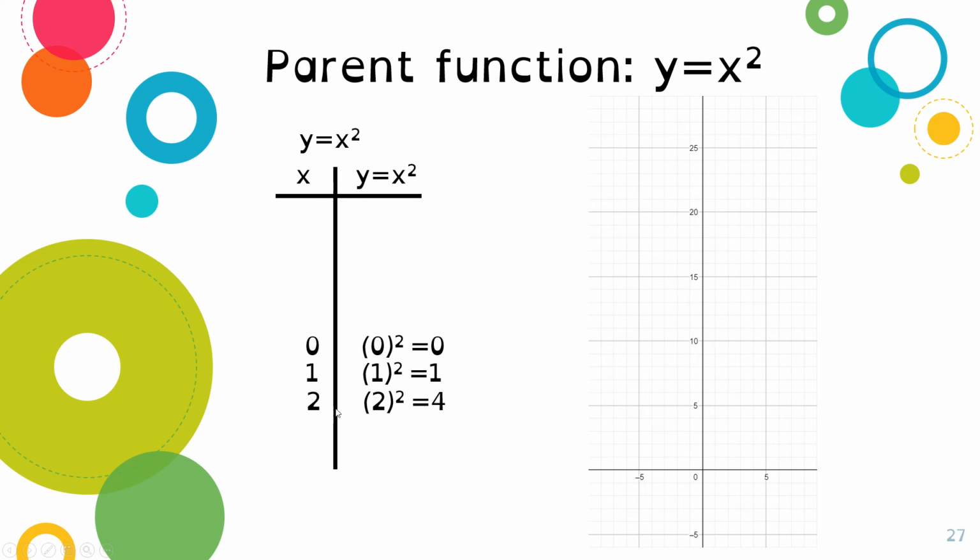If our x is equal to 2, then 2 squared is equal to 2 times 2, so that equals 4, so our y equals 4. If x is 3, our y value is 3 squared, which is equal to 9. And if 4 is our x value, then 4 squared is equal to 16.